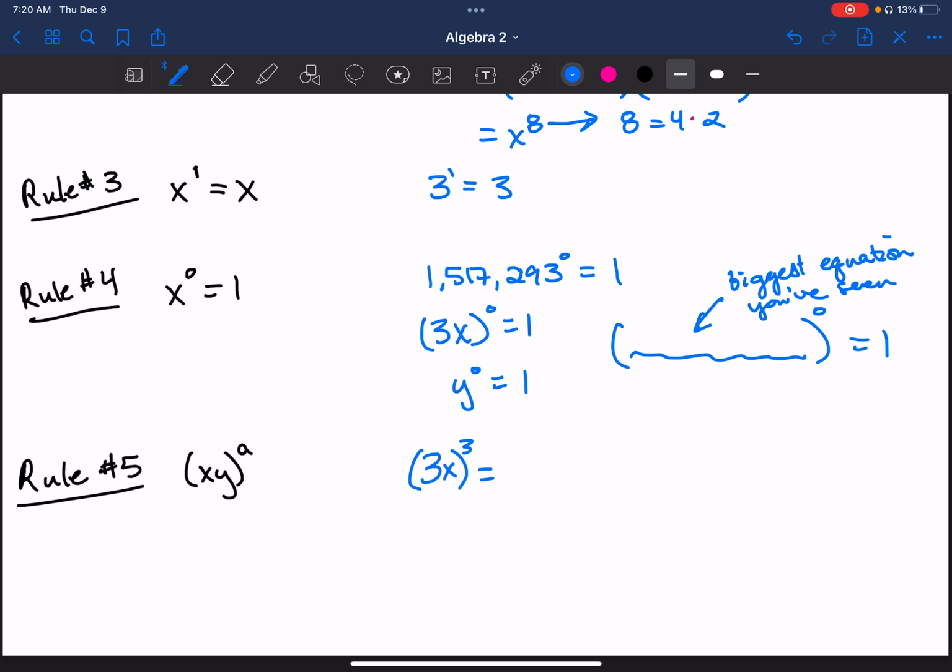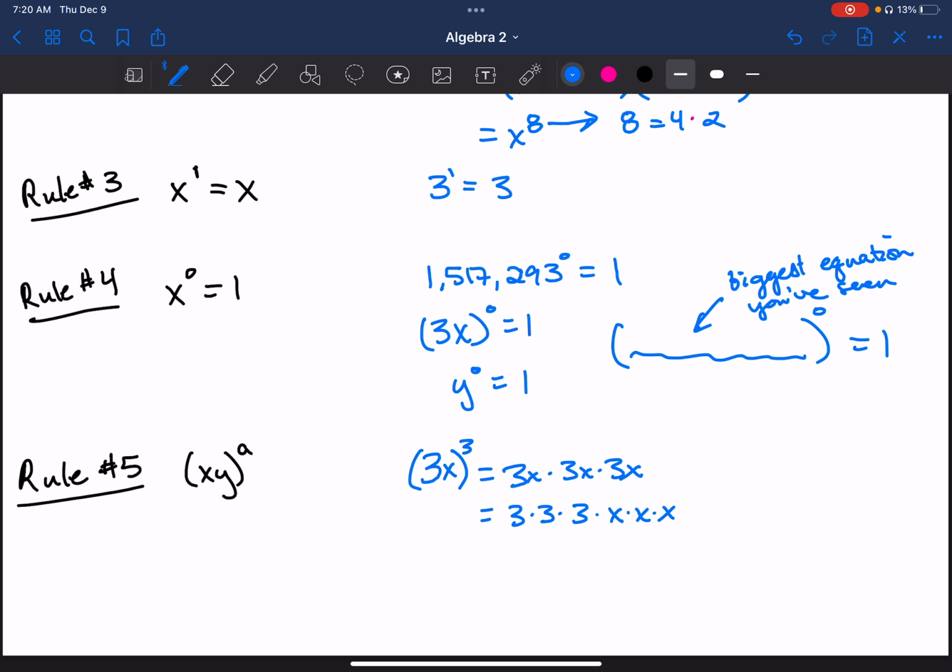We have 3x times 3x times 3x. And now let's think about it. Obviously, we couldn't combine 3 and x. We can't simplify that at all. That's as simple as it gets. So 3's can only interact with 3's, and x's can only interact with x's. So let's realign this. 3 times 3 times 3 times x times x times x.